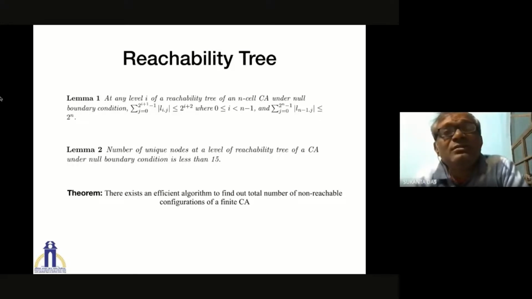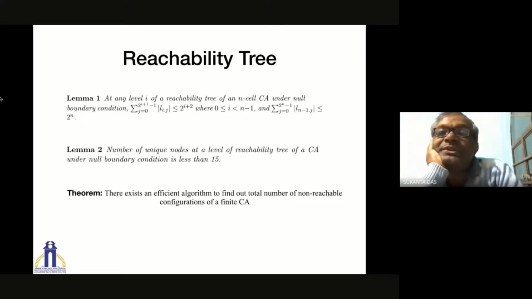So lemma 1 is saying that at any level i of a reachability tree of a tensile CA with a null boundary condition, this condition is satisfied: the summation from j equal to 0 to 2 to the power i plus 1 minus L, and L is always less than or equal to 2 to the power i plus 1.